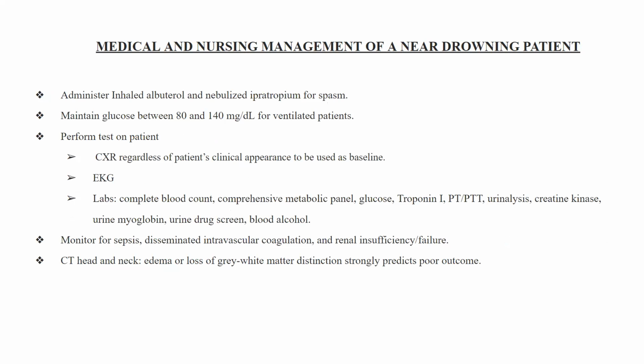You want to administer inhaled albuterol and nebulized ipratropium for spasms. That is another name for Atrovent in the hospital. Maintain glucose between 80 and 140 for ventilated patients.